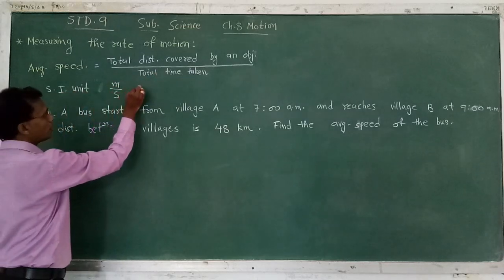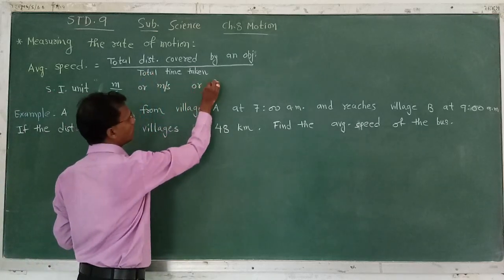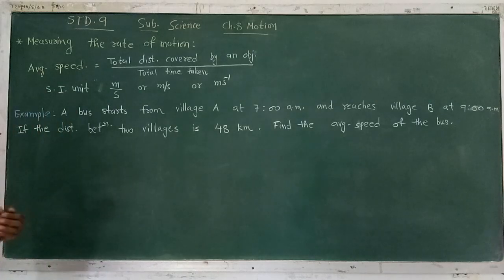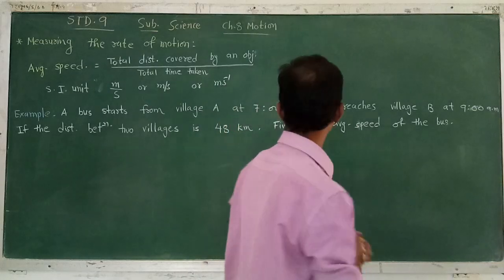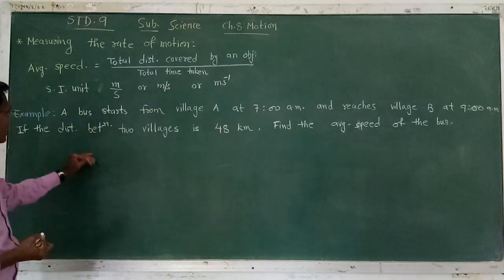So meter per second, or m s inverse. So these are the SI units of speed: meter per second. For this, we take an example.